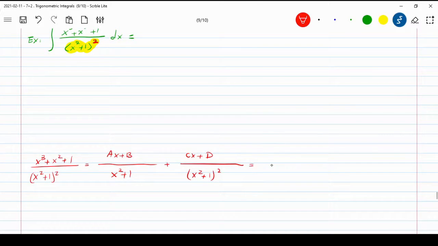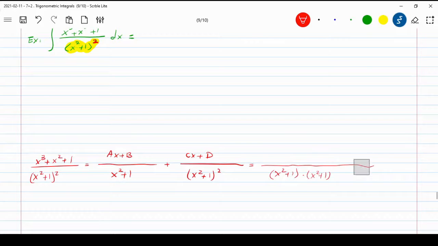You do common denominator. You say this equals to, do common denominator for the first fraction. That means you need to multiply the first one by itself, x squared plus 1, to get x squared plus 1 squared. And the second one already has the common denominator.